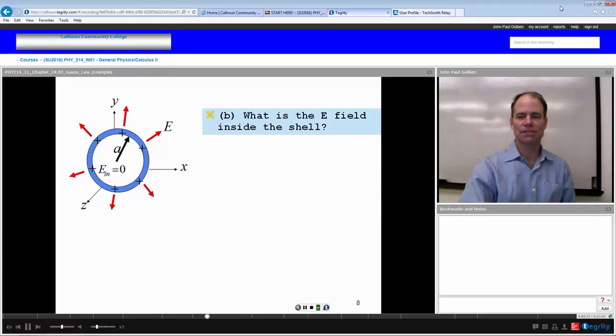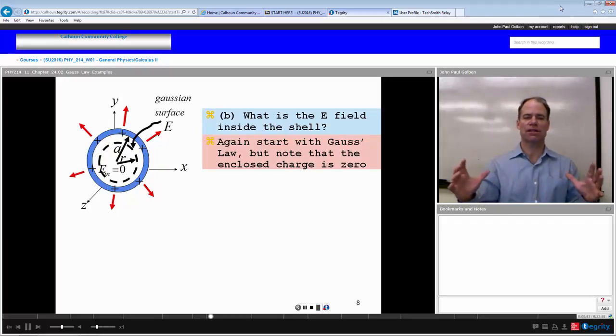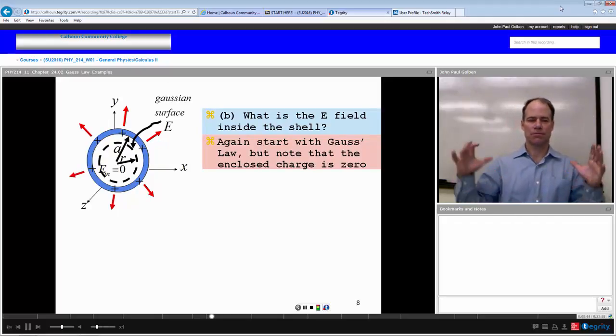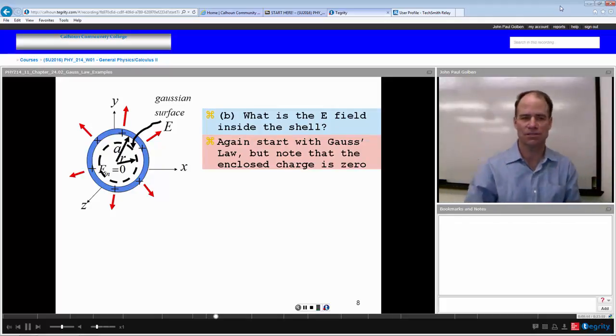But what happens if we go inside this shell of charge? We'll select a Gaussian surface that goes arbitrarily close to the inner surface, but we can see right away that it's enclosing no charge. In other words, we're inside the shell, and there's no actual charge inside our Gaussian surface.